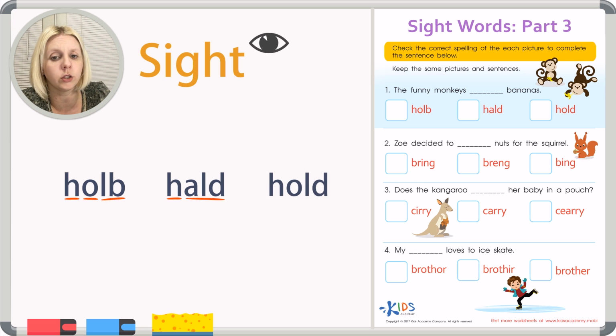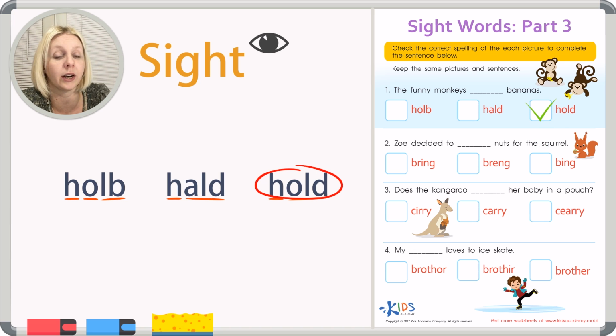So this one would also be hald, just kind of like this one. These two sound the same, but this is actually the correct spelling of the word hold. You know, in the word old, O-L-D, this is how we would spell old, and the H at the beginning makes a sound. So this is the word hold. This is the correct answer right here.